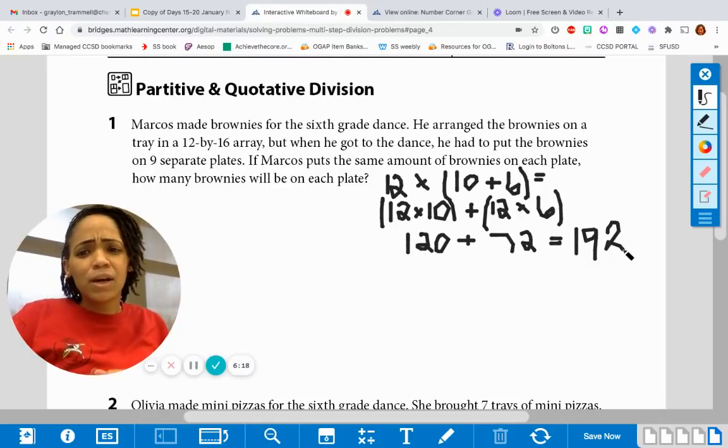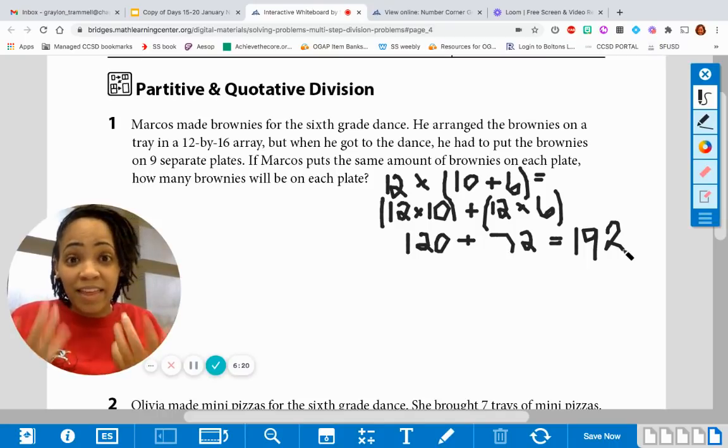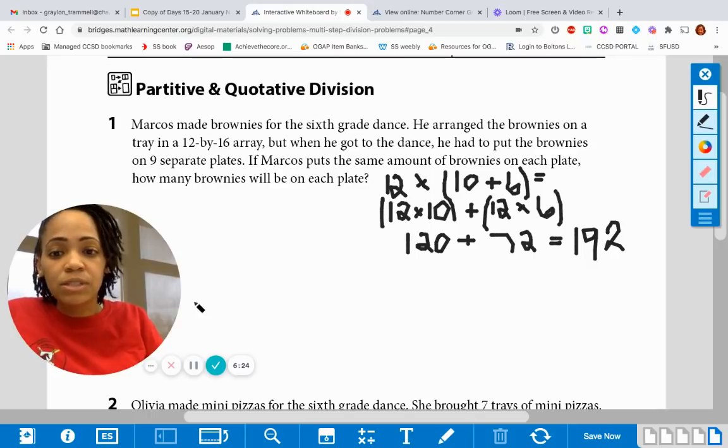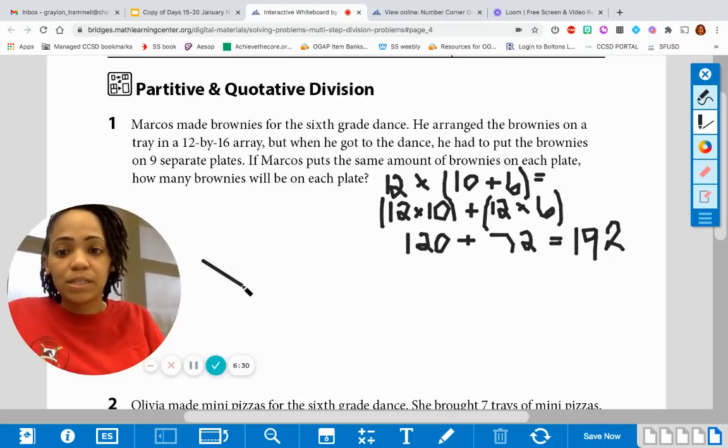But when it says put it on 9 separate plates, that makes me think equal groups. So I'm going to draw out 9 plates here, and I'm going to draw it like my plate's going to be a square. Okay, and I want you to take a moment and do the same thing in your notebook. We need 9 plates.